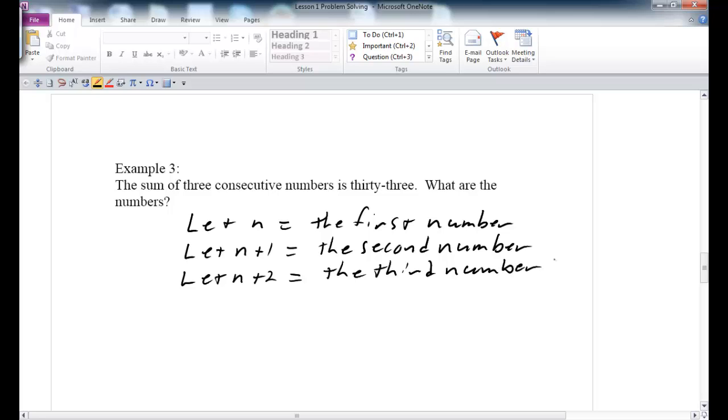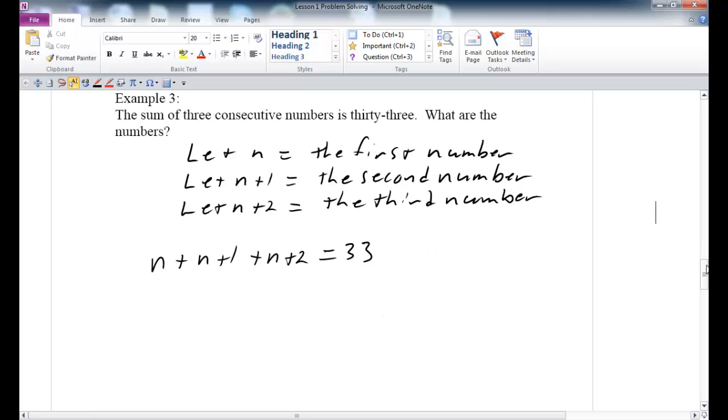And so now you can see we don't know what these numbers are. They're unknown, but we do have 3 consecutive numbers here. All right? So the sum of 3 consecutive numbers is 33. So the sum of these 3 numbers, n plus n plus 1 plus n plus 2, equals 33. And you can see by setting up these let statements, we've organized it very well and given ourselves quite a simple algebraic equation to solve.